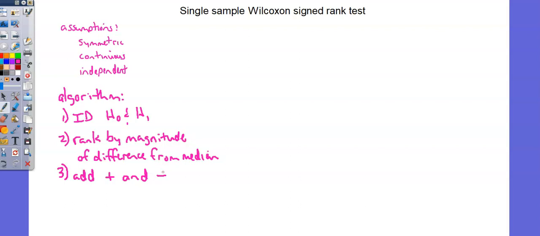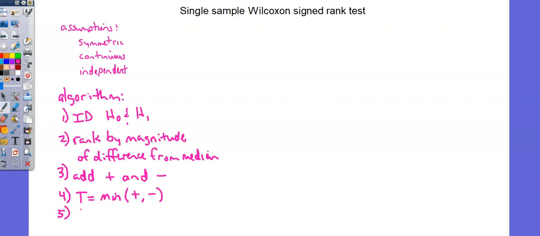In step 2, we're ranking by magnitude, so we're looking at absolute value, but we need to track whether those differences relate to above or below measurements relative to the median, and we'll add based on those groupings. 4, we identify the test statistic, which is the minimum of the sum of the positive differences and the sum of the negative differences.